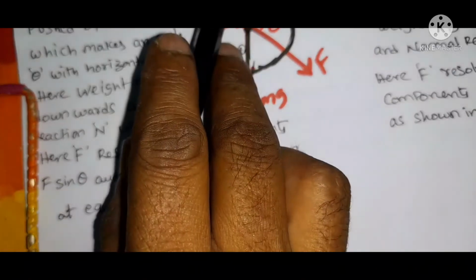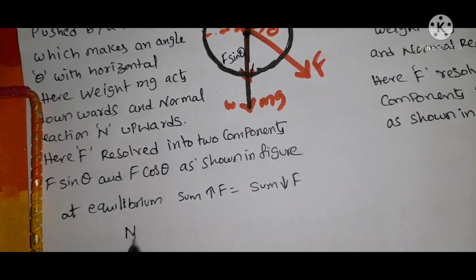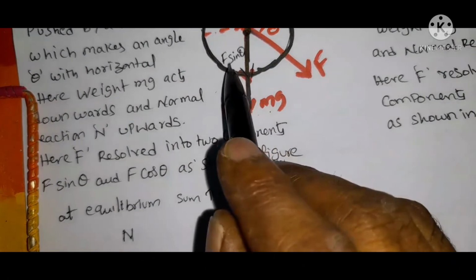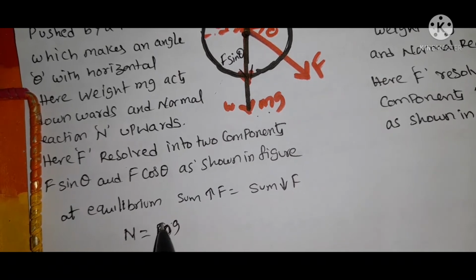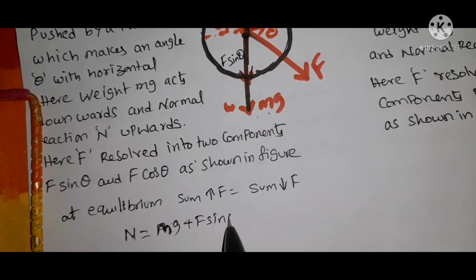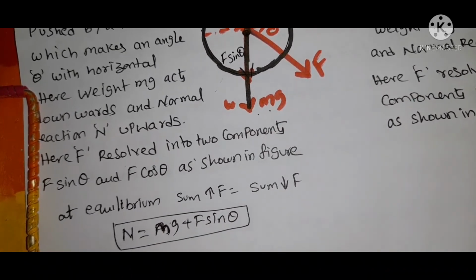Only the normal reaction, N. What are the downward forces? One is weight, another is F sin theta. So N is equal to mg plus F sin theta.